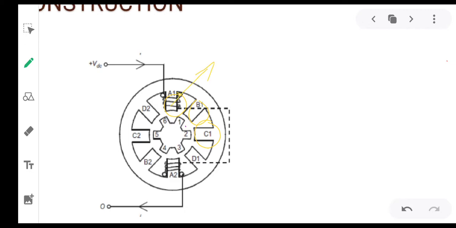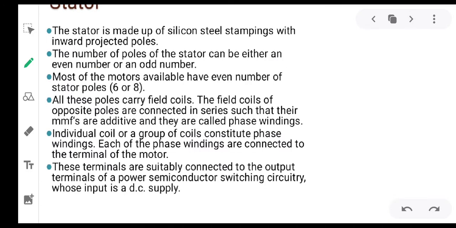In some situations, if the poles are of even number, then the opposite pole windings are connected in series. These coils are connected in series to form a winding. That is what is explained here.